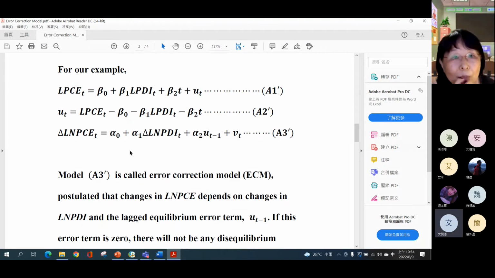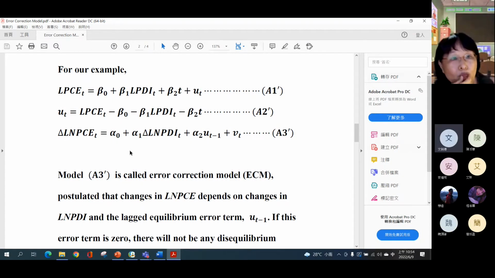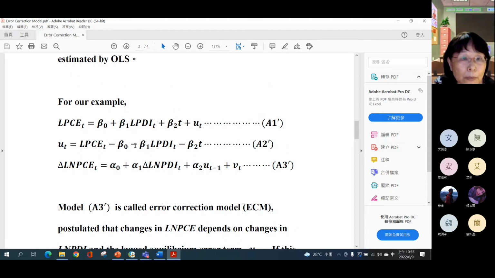Prof, actually, like yesterday, I was searching on the internet on how to do the error correction model, and the way they're showing is that they remove the constant. So I am questioning what is the difference between removing the constant and having the constant? You mean, what do you mean by removing the constant?